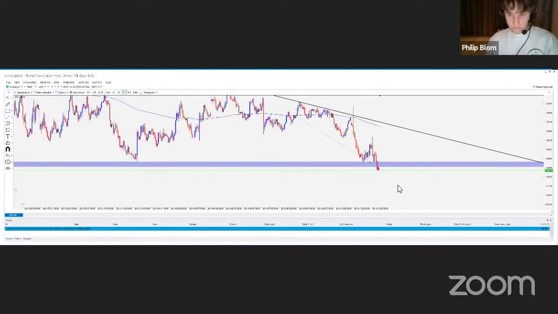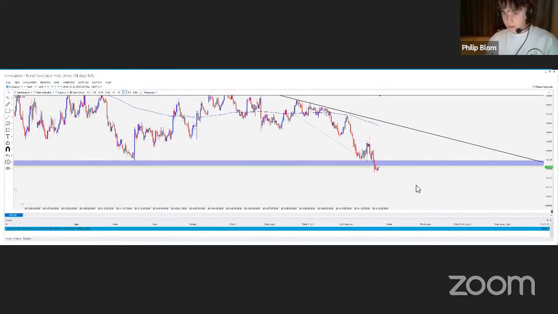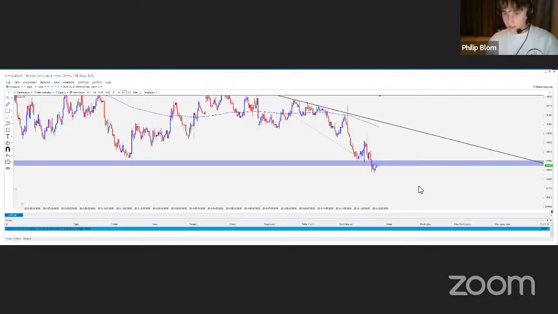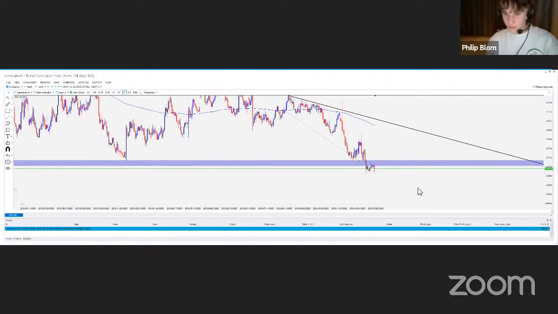So I'm going to wait for price to do its thing. Maybe we go lower, maybe we break back into support, which is what I want to happen, especially back above this level right here of 0.5218.